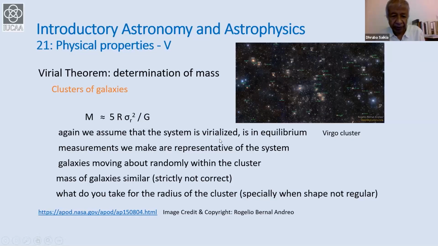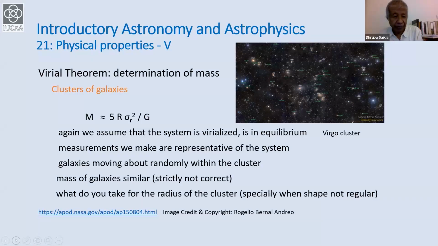Again, we assume that the system is virialized, which is in equilibrium, and that measurements we make are representative of the system. Galaxies are moving about randomly, and we assume that most of the galaxies are similar, which is not strictly correct, but it still gives you a reasonable answer to work with.